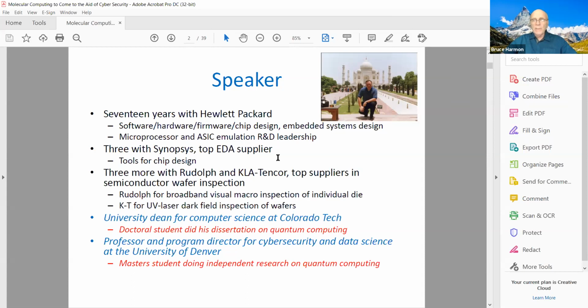But the reason I'm talking is that I got very, very interested in the quantum computer some time ago, and it really began right here with a doctoral student when I was teaching, and I was a dean at Colorado Technical University. Matt Perkopile had been working on his dissertation on quantum computing, and I got very, very interested.